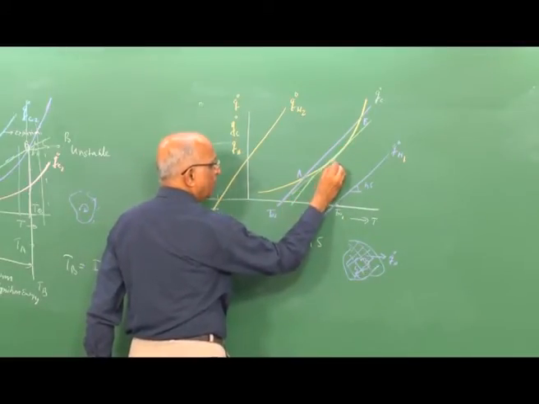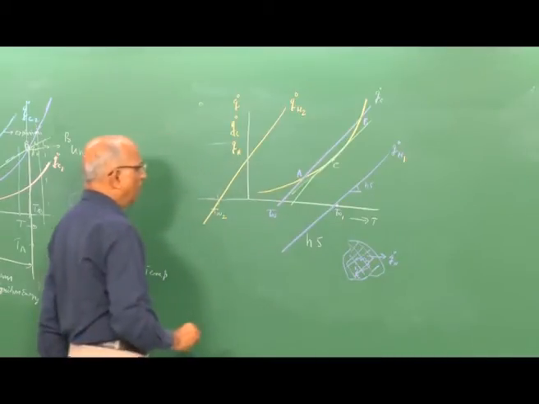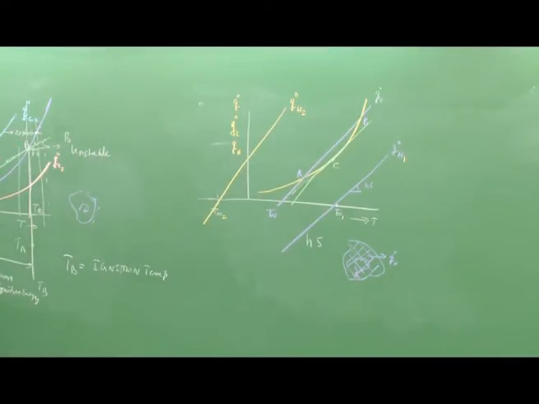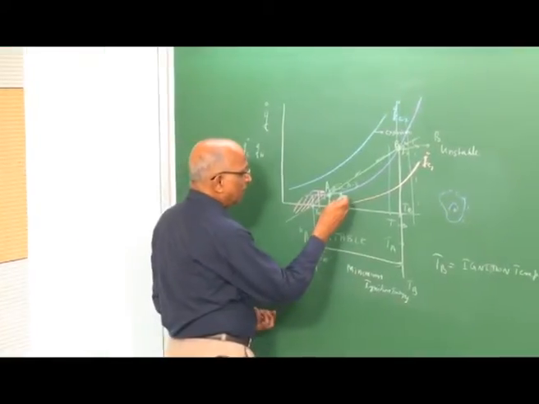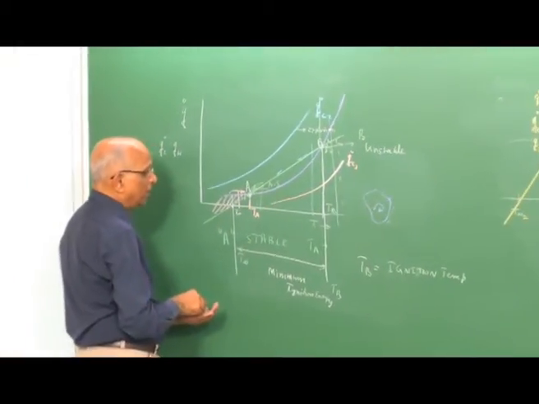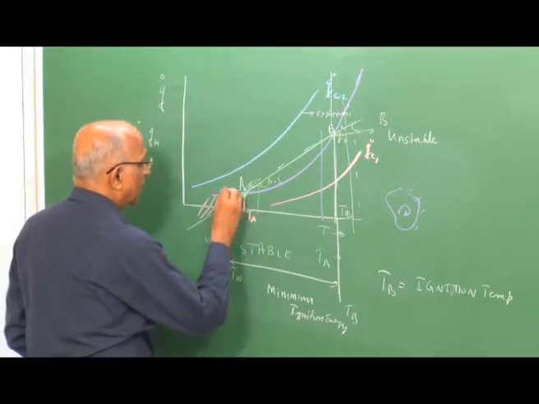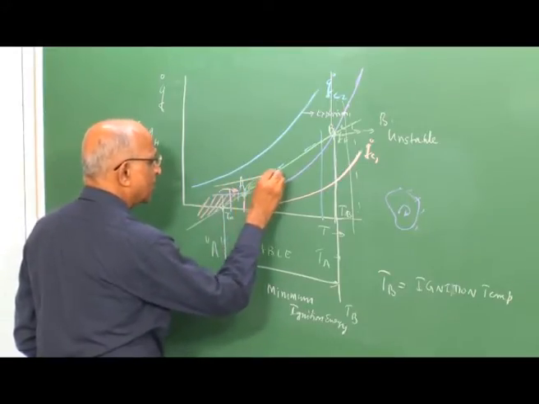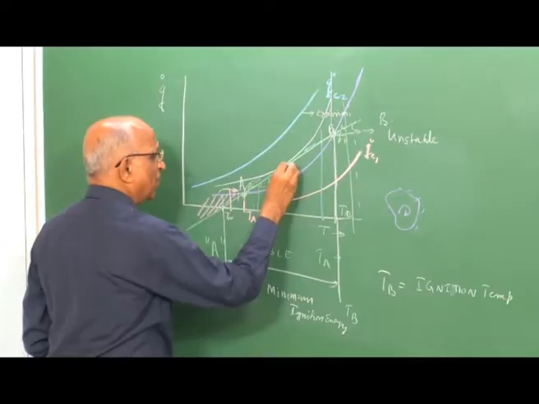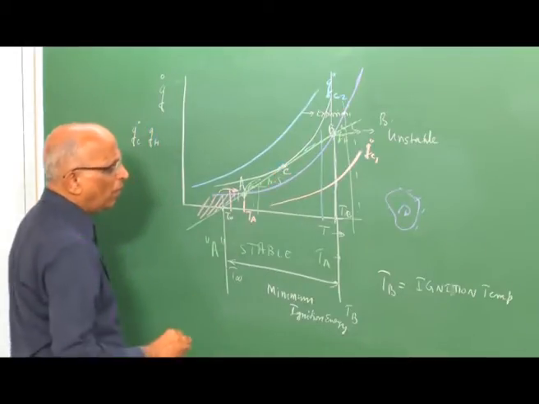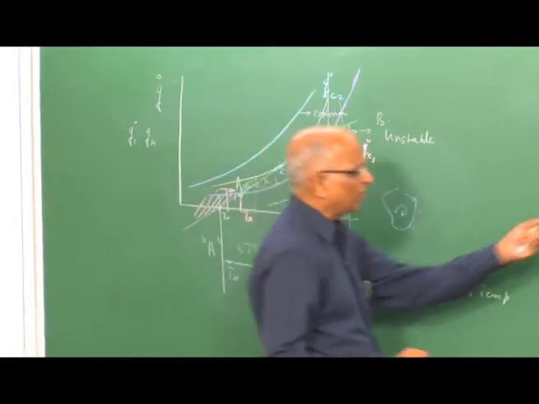It is tangent at a point, let us say C over here. Or coming back to this particular curve, can I have a curve in heat release, let me put that curve in white chalk, such that it is tangent over here at the point C? What is this condition of tangency which I am talking of?